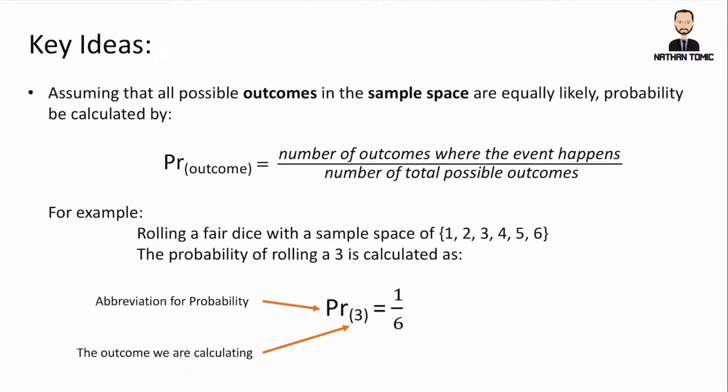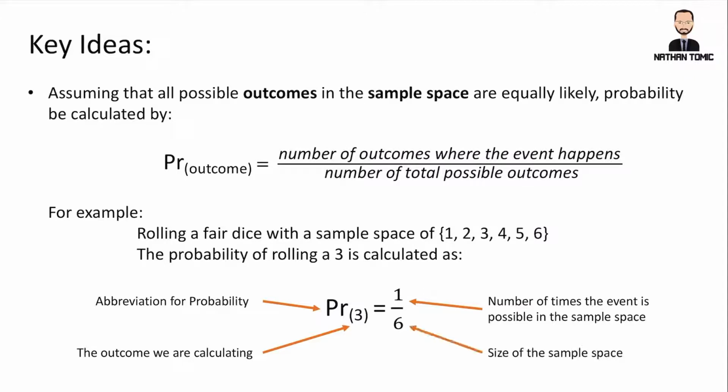So that's why we have a 1 at the top here. It's the number of times that this particular event can happen in the sample space. And then the 6 at the bottom is the size of the sample space. So we end up with 1 over 6, being 1/6. So the probability of rolling a 3 when we have a dice with 6 sides, the numbers 1, 2, 3, 4, 5, 6 being the sample space, is 1/6.